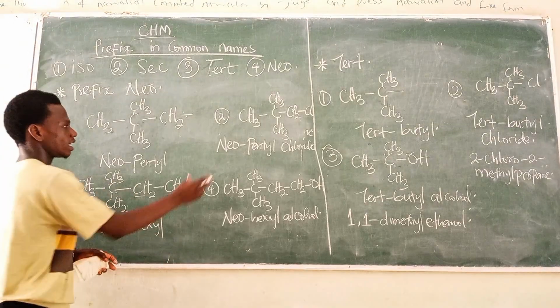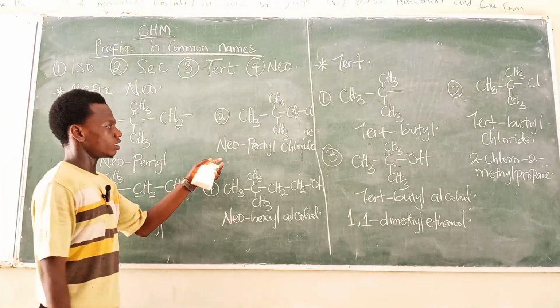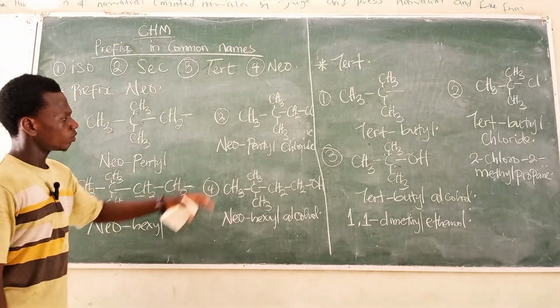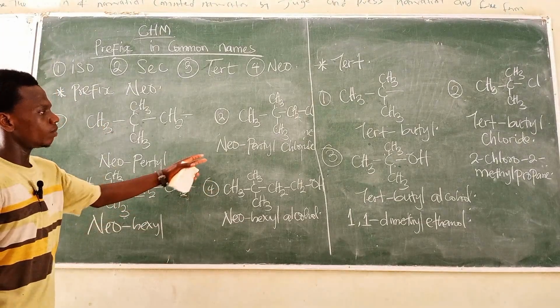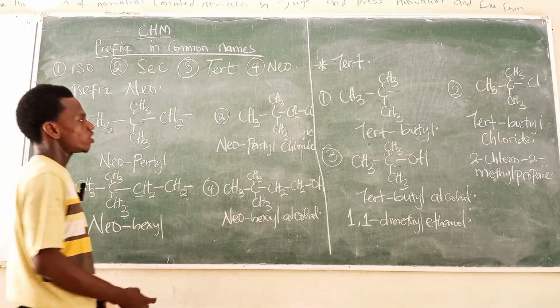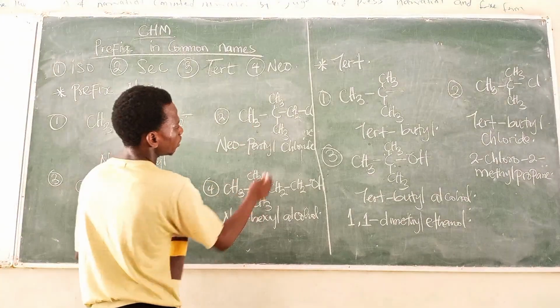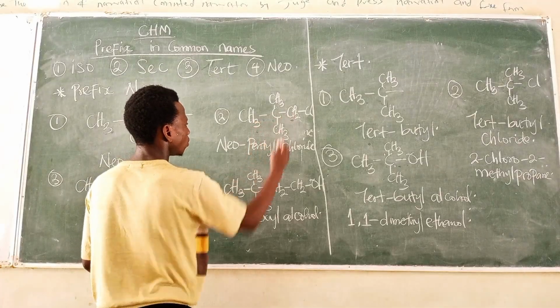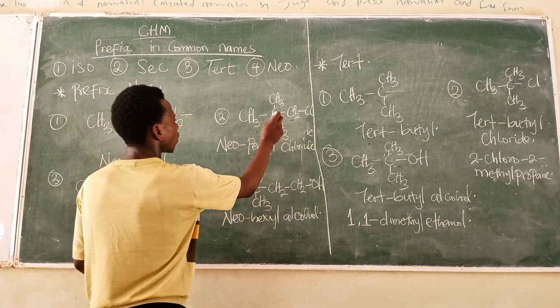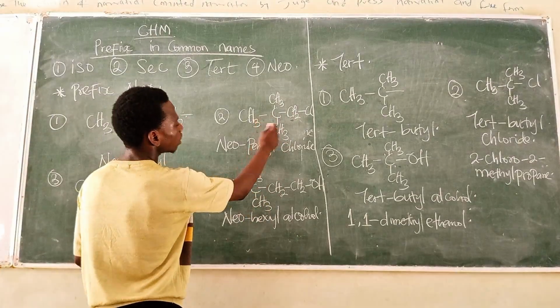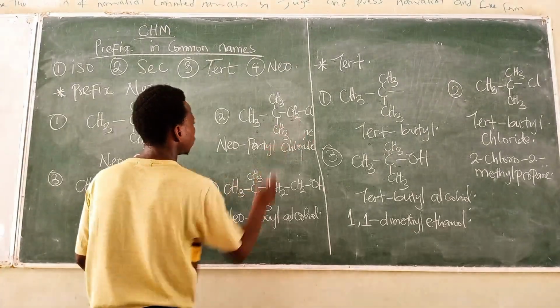So now look at this. What are you going to call this? What is the IUPAC name of this particular structure? First of all, take the longest continuous carbon chain, which in this case is 3 carbon atoms. On carbon 2, we have 2 methyl groups, and on carbon 1, we have a chlorine atom.